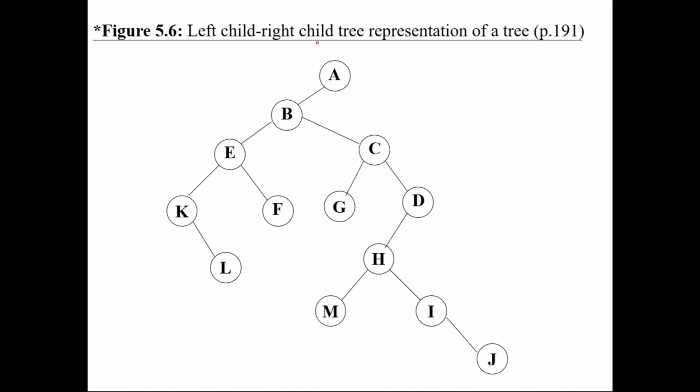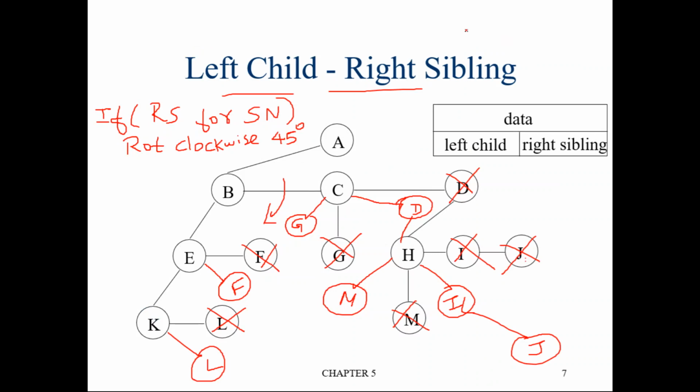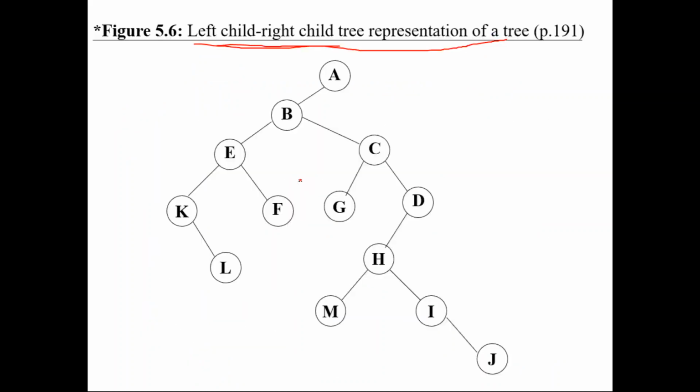So this tree is called the left child right child tree representation. Whereas this previous one is the left child right sibling representation. So the takeaway point is, any given tree can be represented by a node with just 2 pointers.